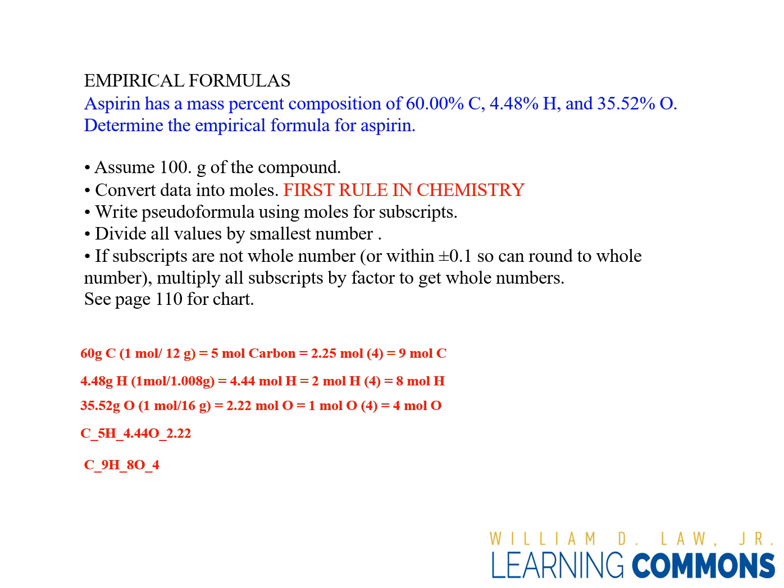First of all, I have to convert the percentage to grams, because when they give me 60% of the carbon, I assume the total mass of the aspirin is 100, and then I have to convert the grams to moles.